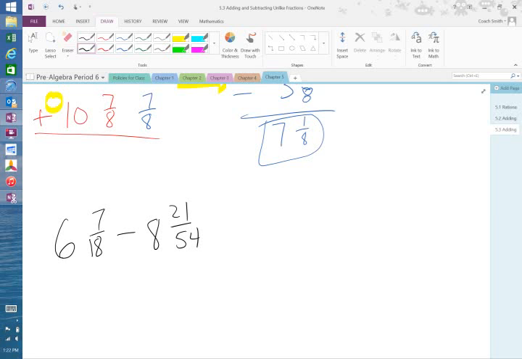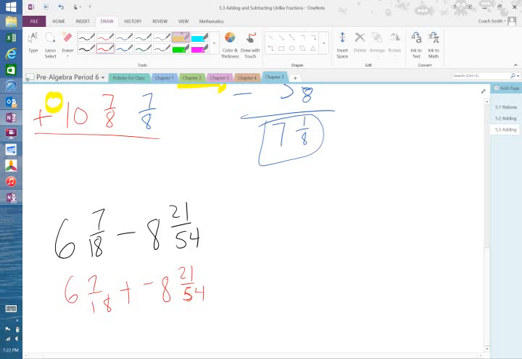Now, some people go ahead and set the problem up beforehand. In other words, they'll go ahead and change this to 6 and 7/18 plus negative 8 and 21/54.